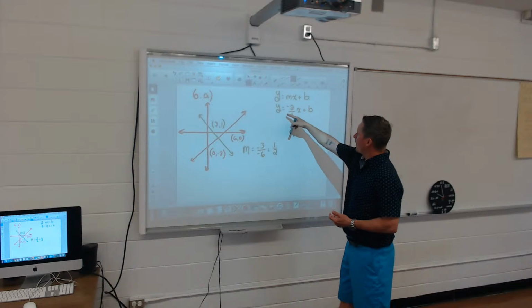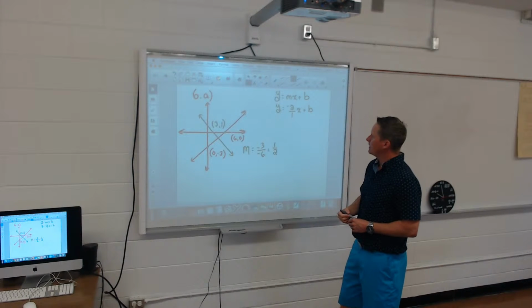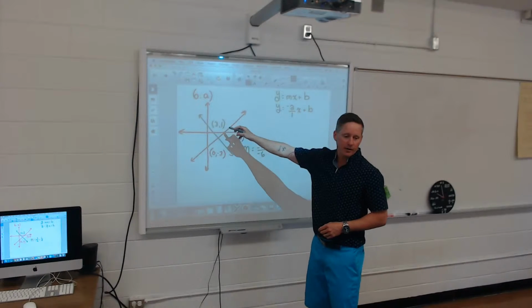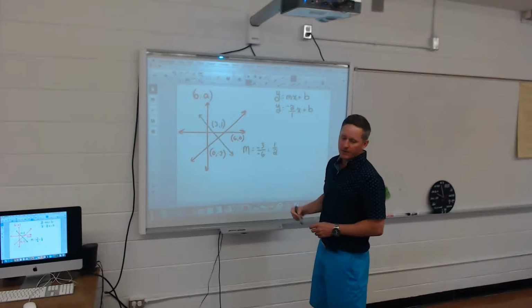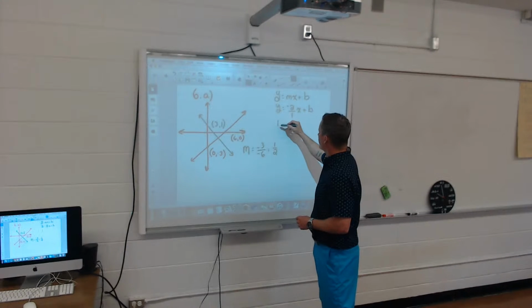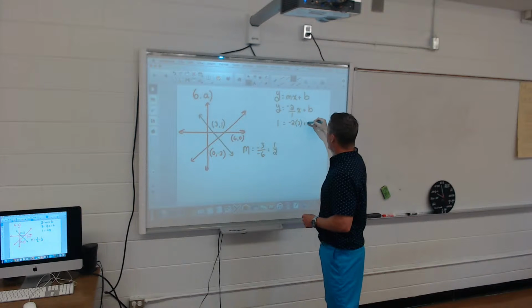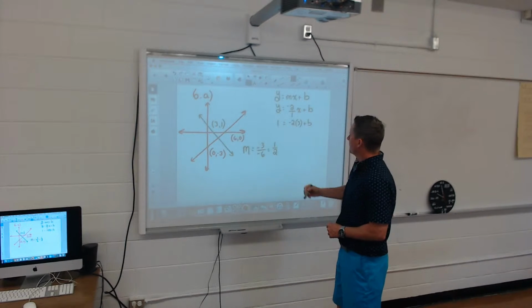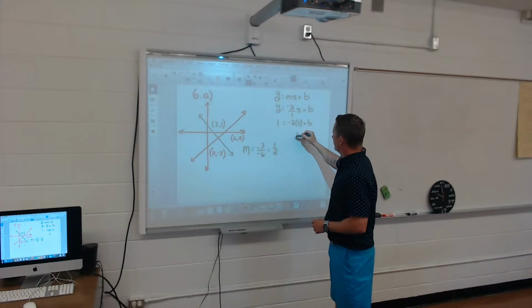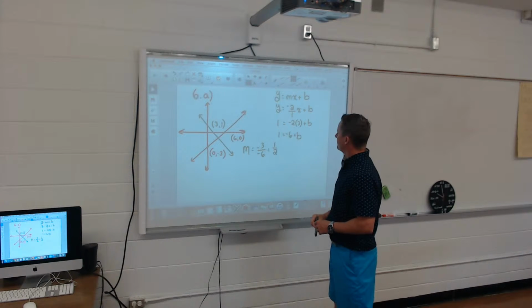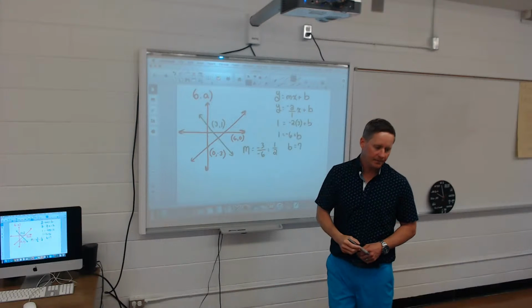Once I have done that, y = -2x + b. Now I use my (3, 1) to get my b value. So 1 = -2 times 3, add b. That's -6, add b equals 1. B is equal to 7.